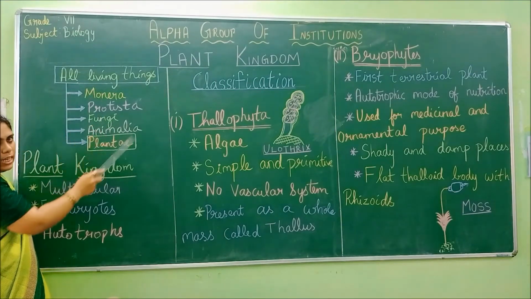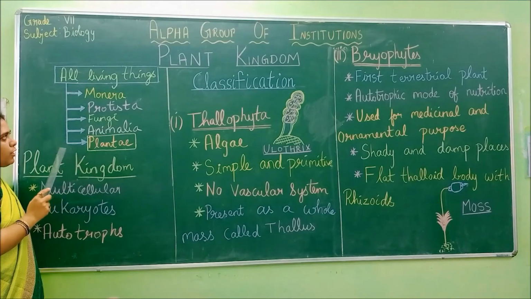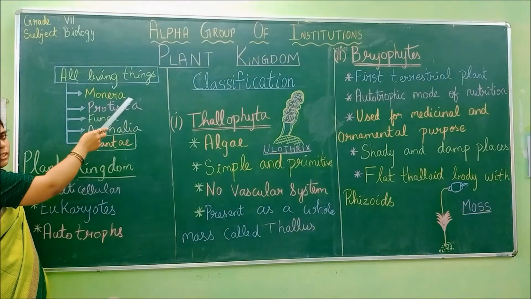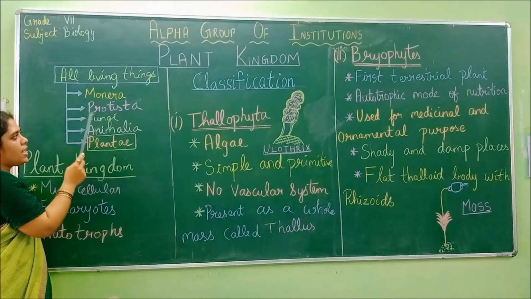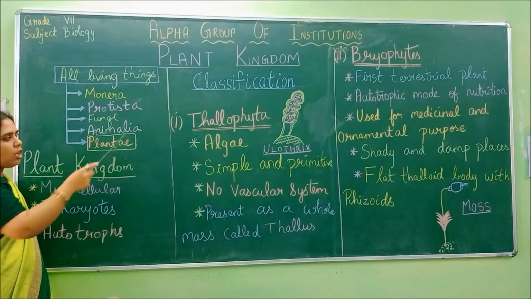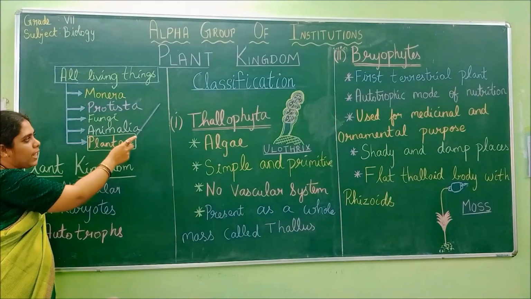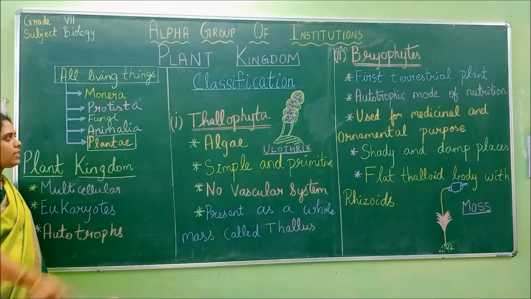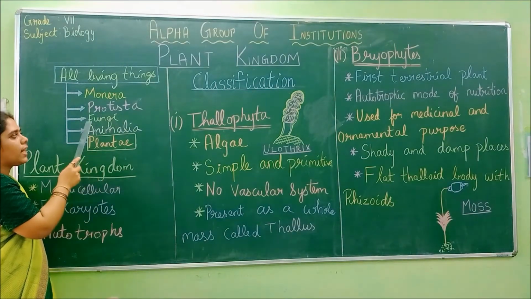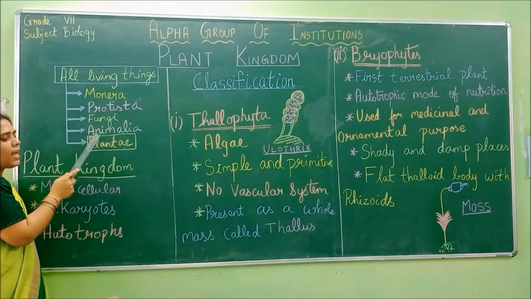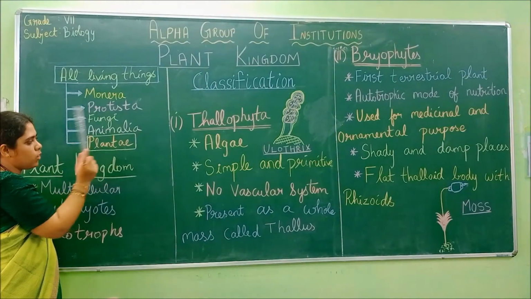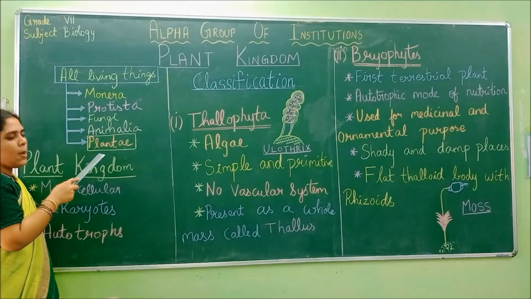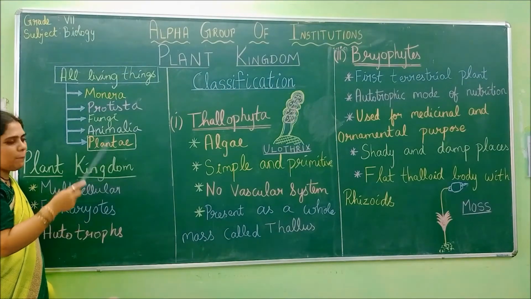So this is the five kingdom classification. In Monera, the bacteria are categorized. Next, in Protista, the microorganisms will be categorized. The multicellular microorganisms will be categorized, and fungi will be categorized under Fungi. Then in Animalia, all the animals will be categorized. And finally, plants will be put under Plantae.